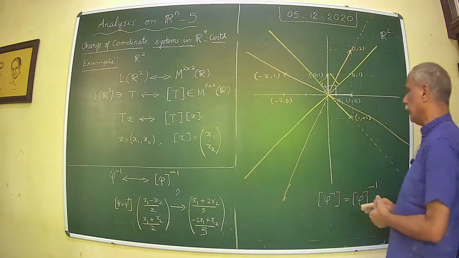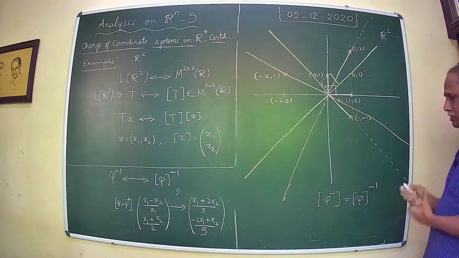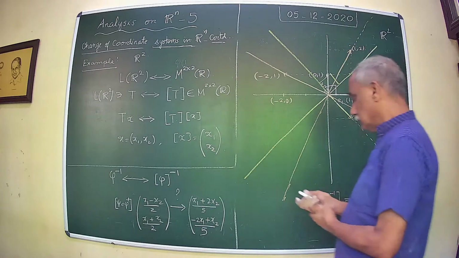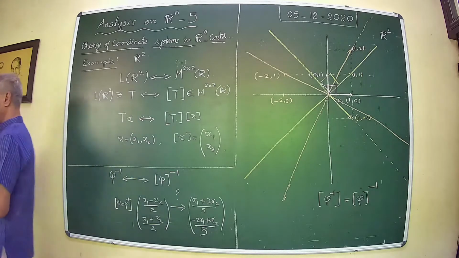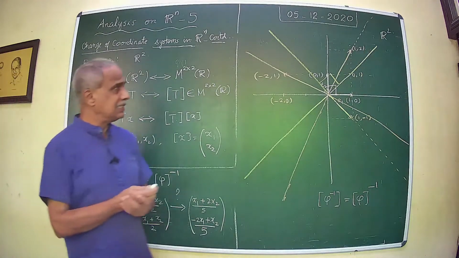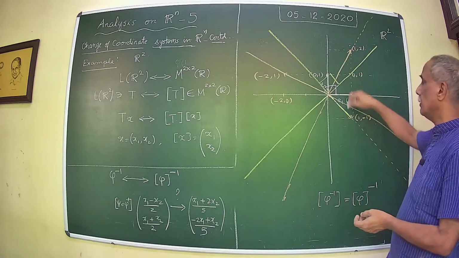Therefore, whether this inverse exists or not: it exists, because the bases that you choose consist of linearly independent vectors.